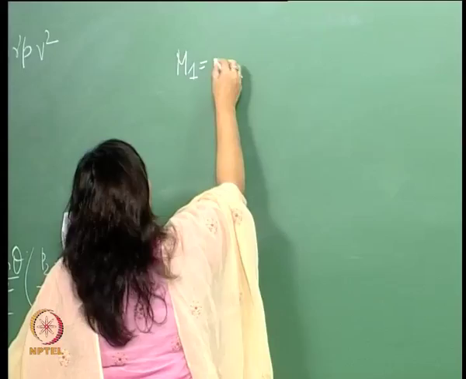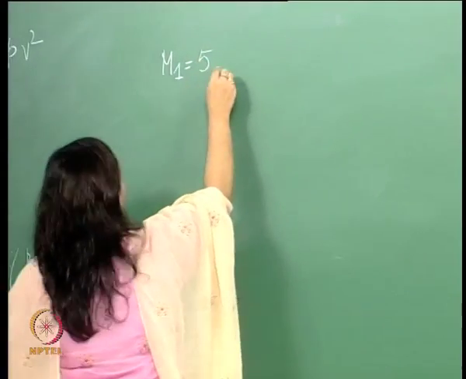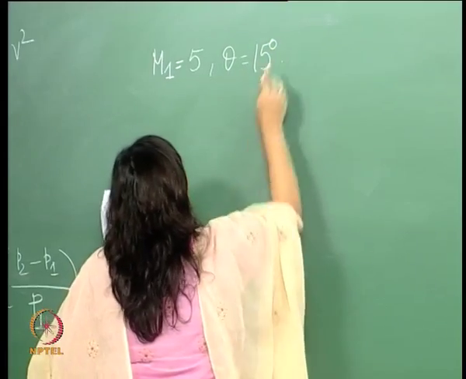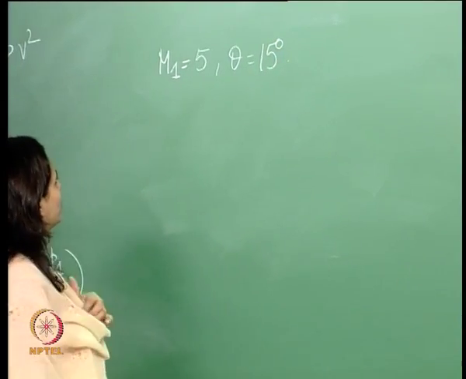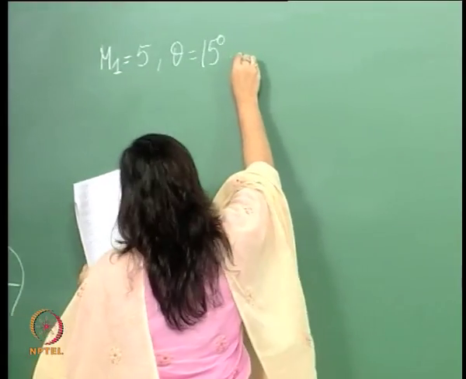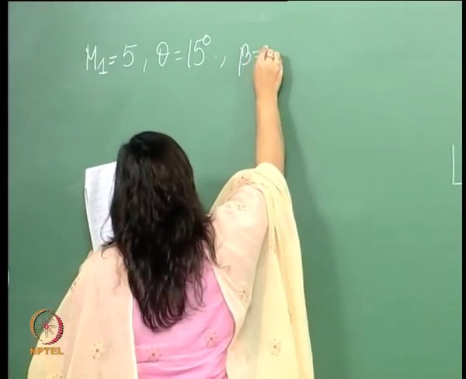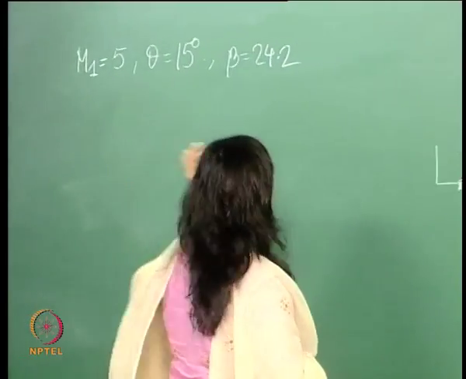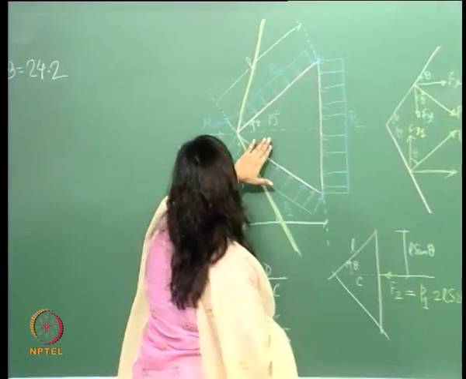So basically we have a Mach number of 5 and theta equal to 15 degrees. Using the charts of the theta-beta-M relationship, we get a beta in this case of 24.2. So this is the incoming Mach number, which we know, and theta is given.